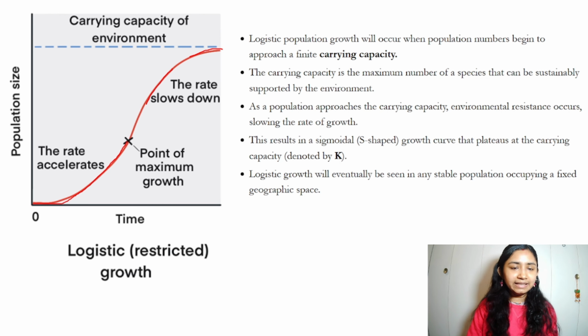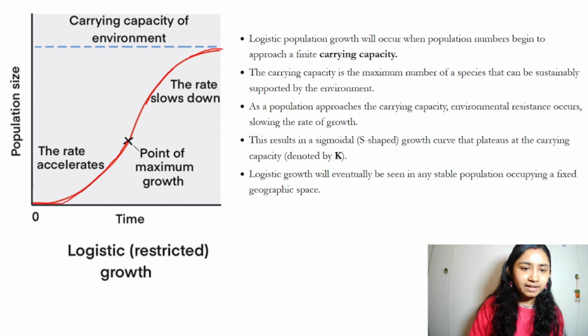Now let's understand the graph. This is the time on the x-axis, and the population size, or the number of individuals, is on the y-axis. You can see the rate is increasing, and this is the point of maximum growth. I am coming to this later. After it reaches the peak, the rate slows down when reaching the carrying capacity.